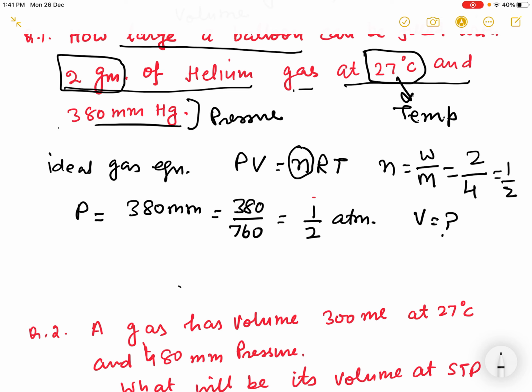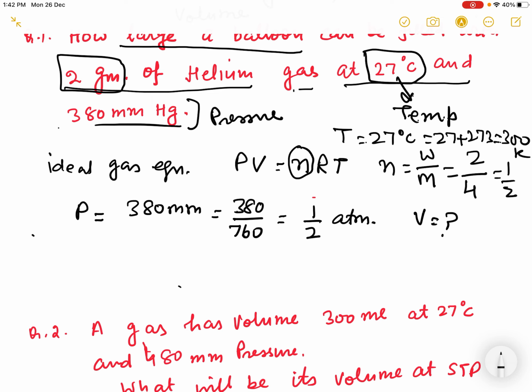Then we put the values in the equation, and here temperature T is equal to 27 degrees Celsius, which if we convert it into Kelvin, then 27 plus 273 is equal to 300 Kelvin.